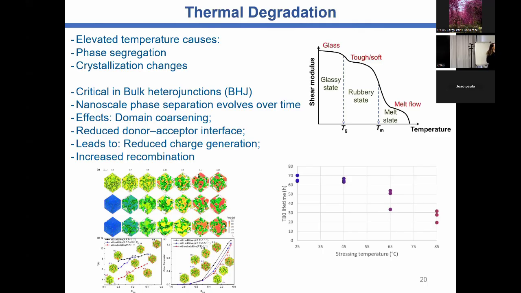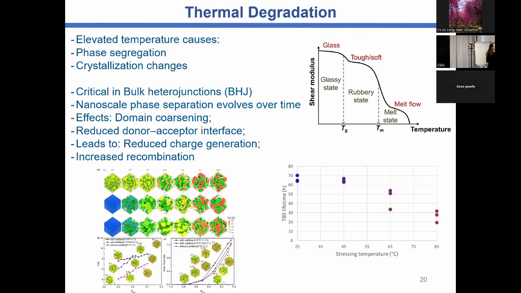If you have phase segregation, you reduce the separation between the materials, and this segregation will reduce the exciton dissociation, and this directly impacts the stability of the film. So this is quite critical for the active layer of organic photovoltaics.